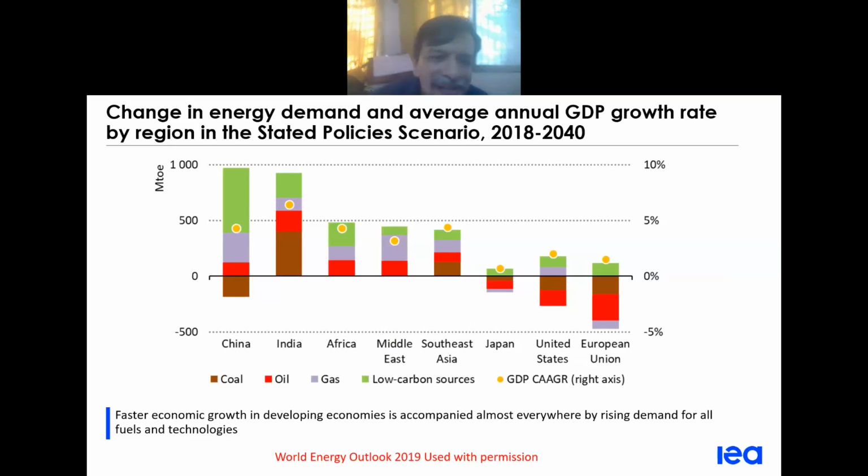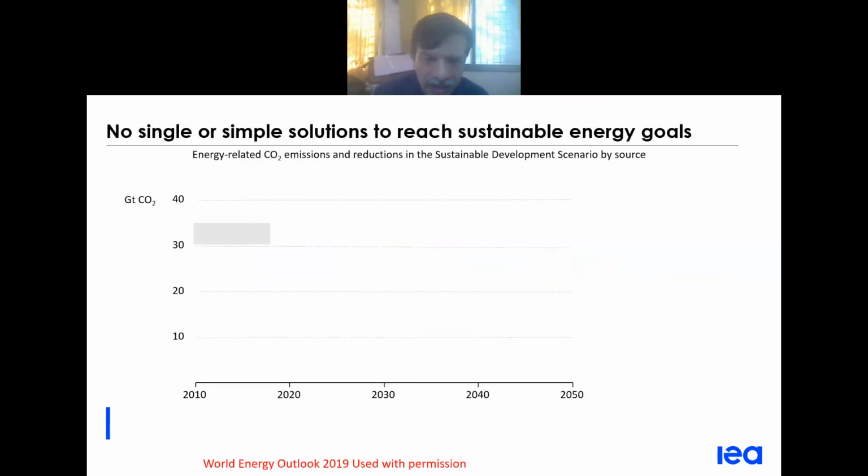They have a baseline scenario where you have business as usual, then a scenario with high energy efficiency, and a third scenario, in this case a sustainable energy scenario. So they show, for instance, what happens if you had the current growth, this is how it would be growing.